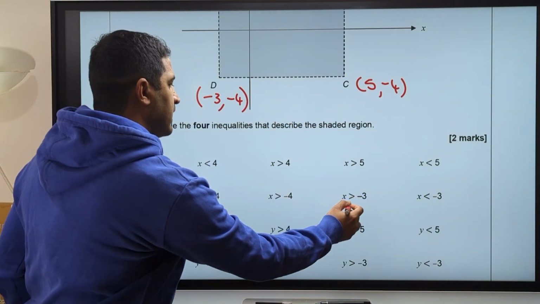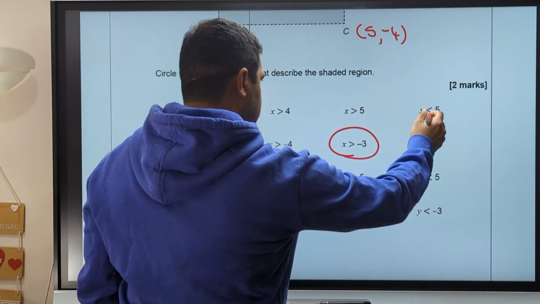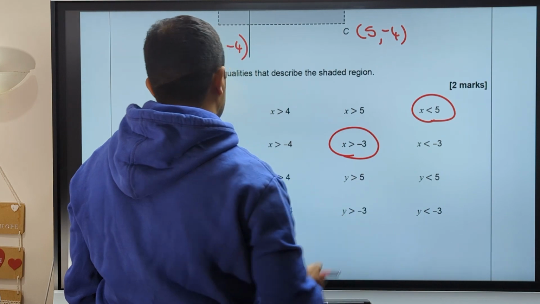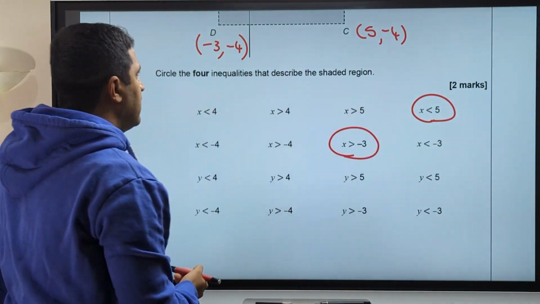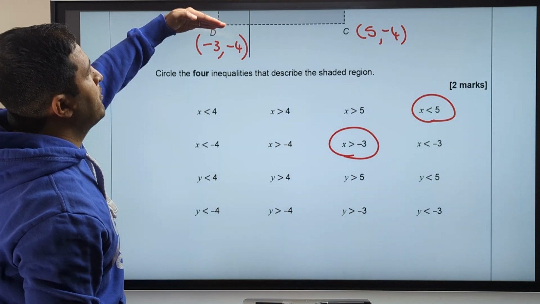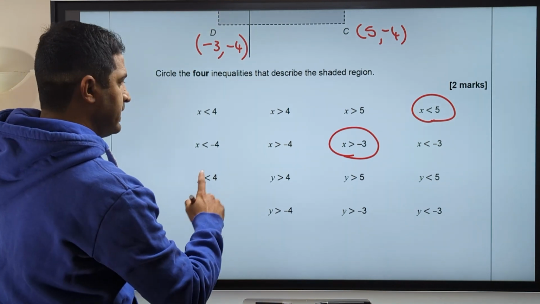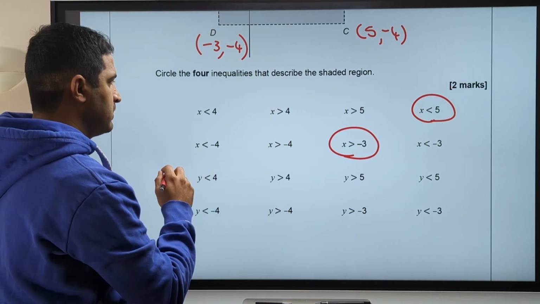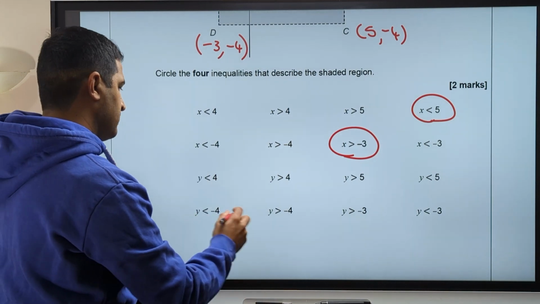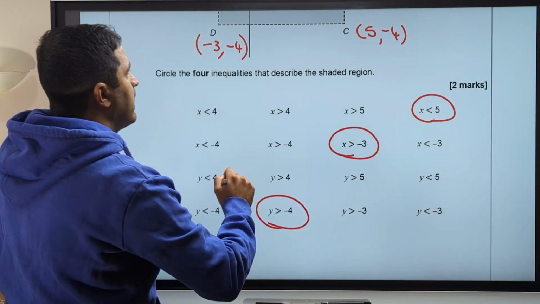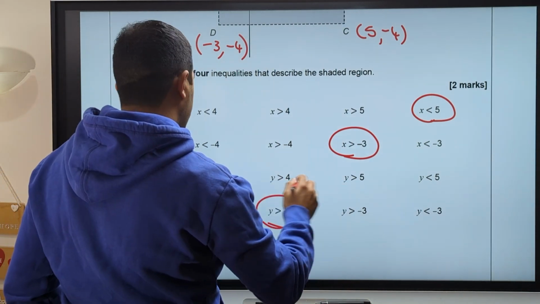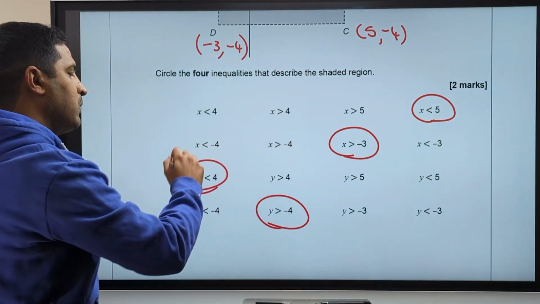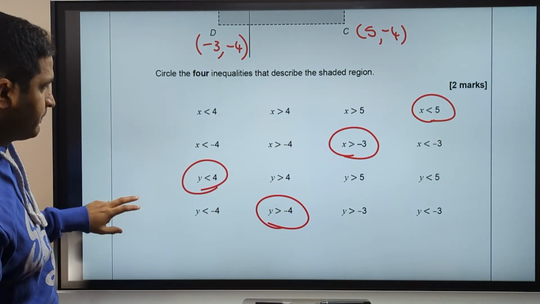So that's bigger than negative 3 here. Okay, so x has to be less than 5 there. So those two are done. Now we're looking at y. y has to be bigger than negative 4. y is greater than negative 4. Which one has y greater than negative 4? And y has to be smaller than 4. y has to be less than 4. So these are the 4 inequalities that we should have had.